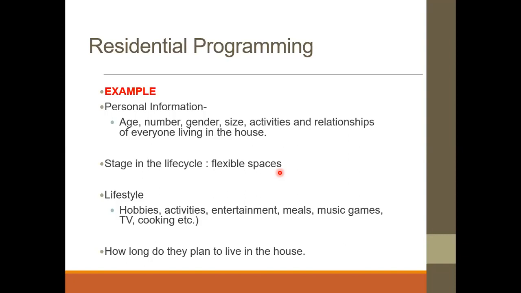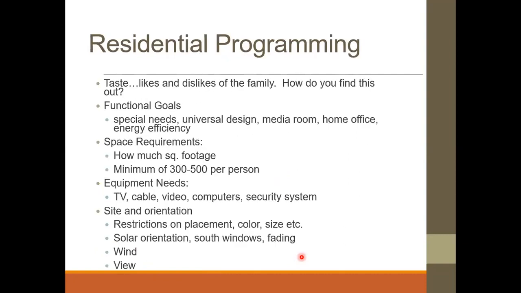Then their hobbies and activities, for example, music is one of the activities, and how long people are going to live in the house, or whether the house is constructed for rental purpose. So you have to be clear about the lifestyle, their taste, their dislikes, their media room requirements, the square footage area per person.